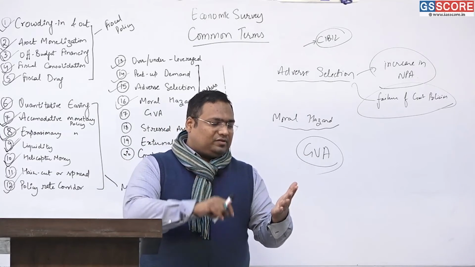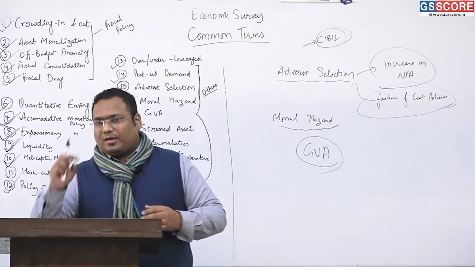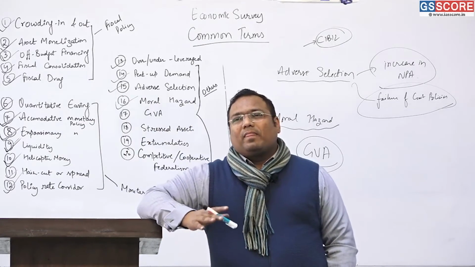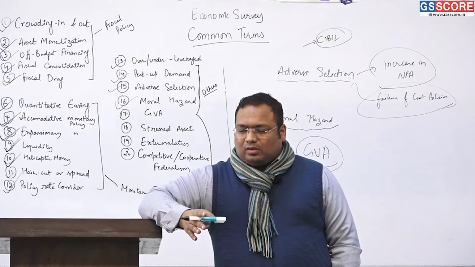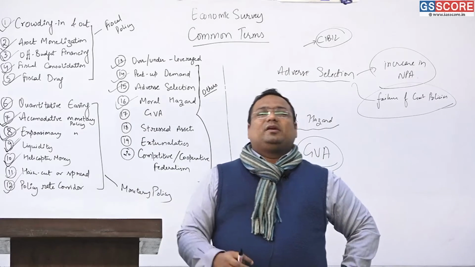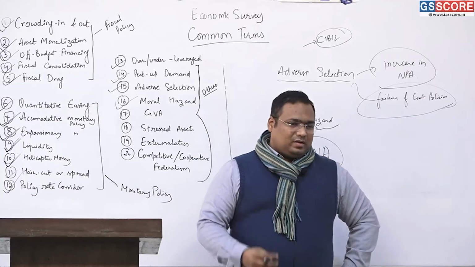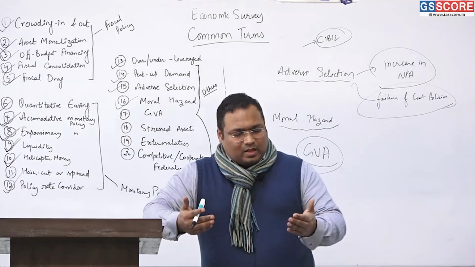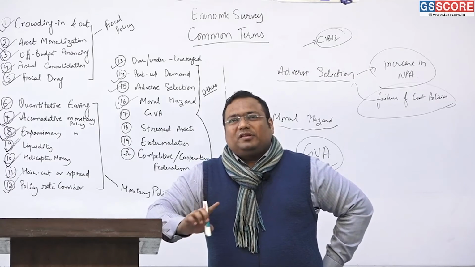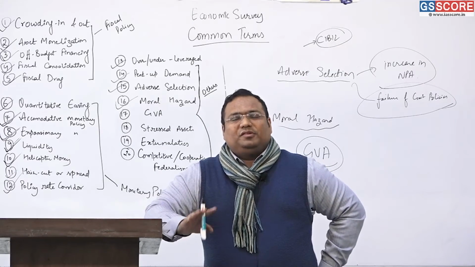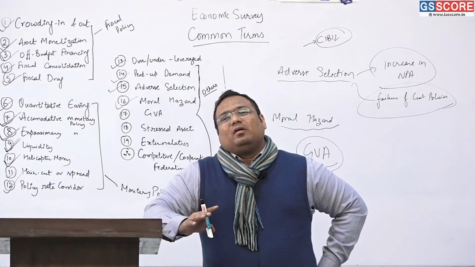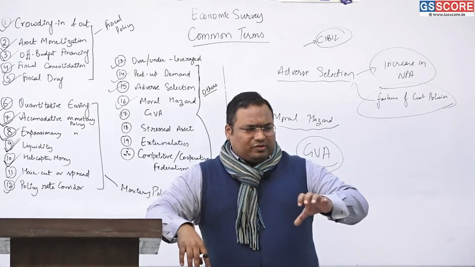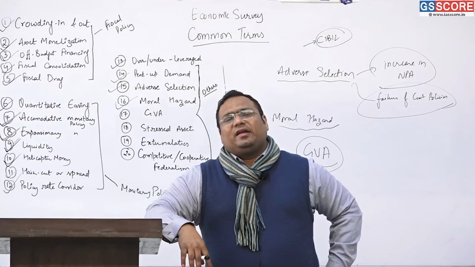What is the difference between sector, company and industry? A company, you understand, is a specific firm. Let me give you an example, this will make things amply clear. Let's say Infosys. Infosys is a company. Infosys has its GVA, gross value addition, how much value Infosys is adding into the system.